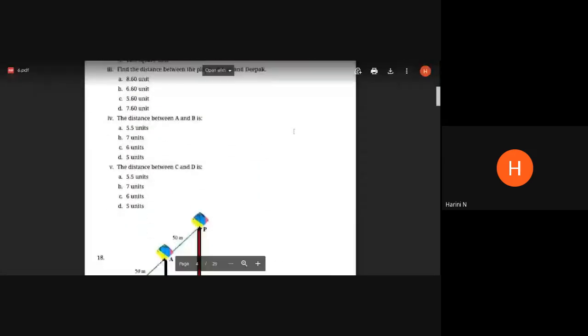So cosecant 45 is root 2, secant 30 is 2 by root 3, sine 30 is half, cot 45 is 1 and secant 60 is 2.